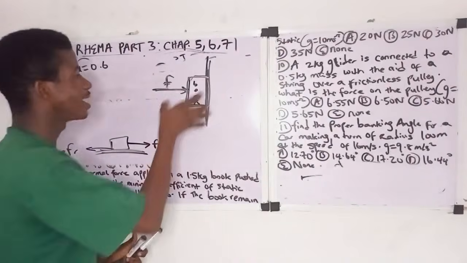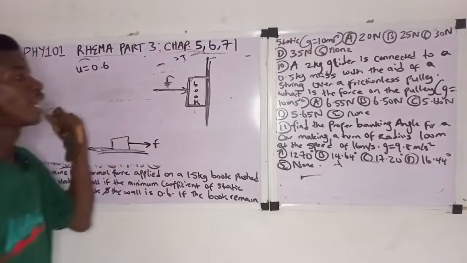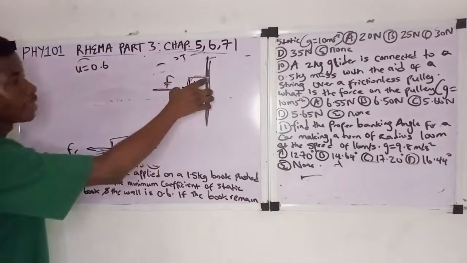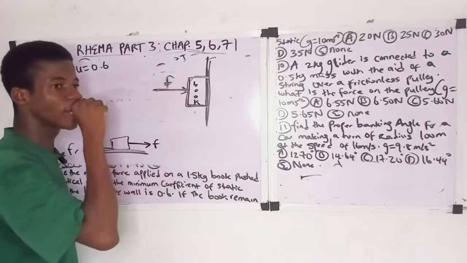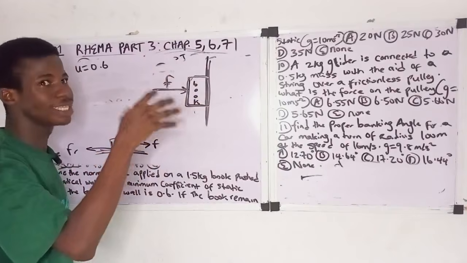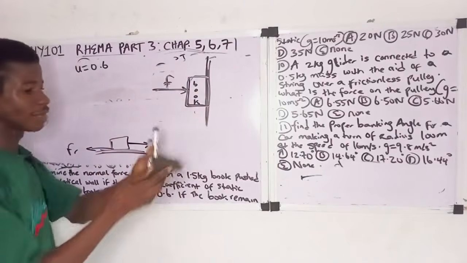Now let's look at this book. This force pushes the book towards the vertical wall. What will be the direction the book tends to move?